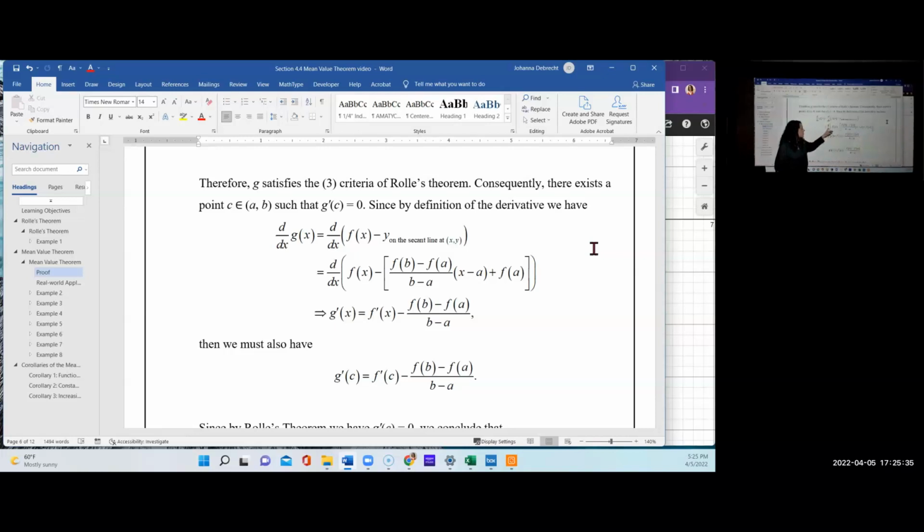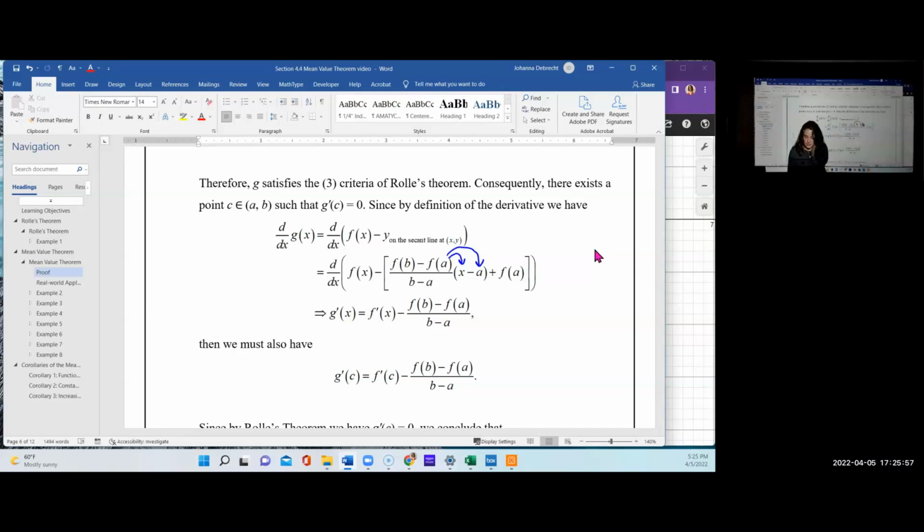Now, we're taking the derivative with respect to x. If we were to multiply out some of what we have here, we would have the slope of the secant line times x and the slope of the secant line times a plus f of a, and all of this would be subtracted from f of x.